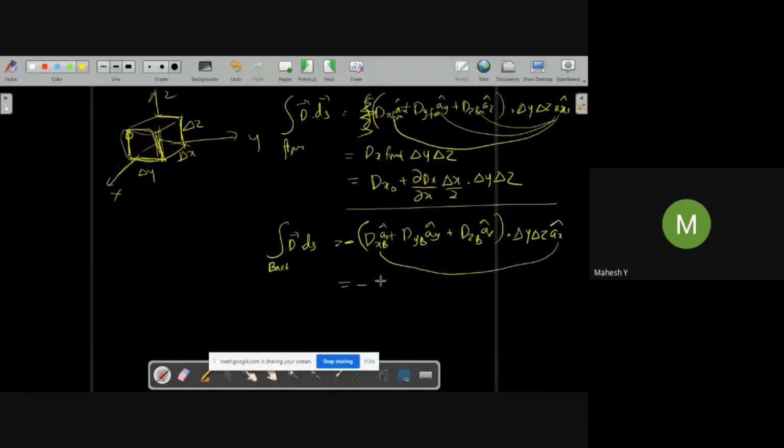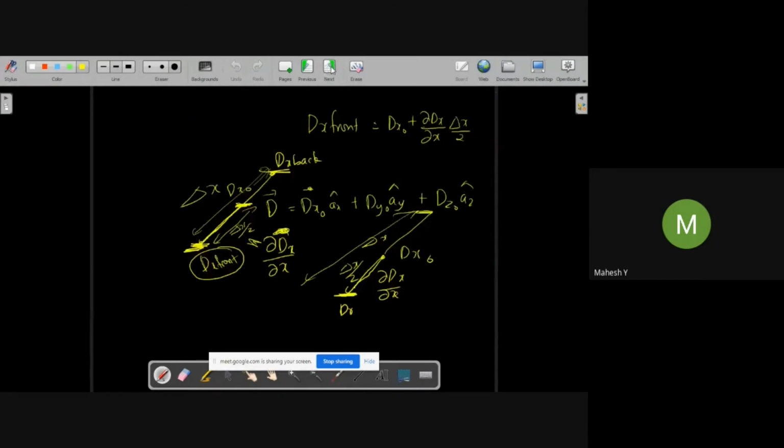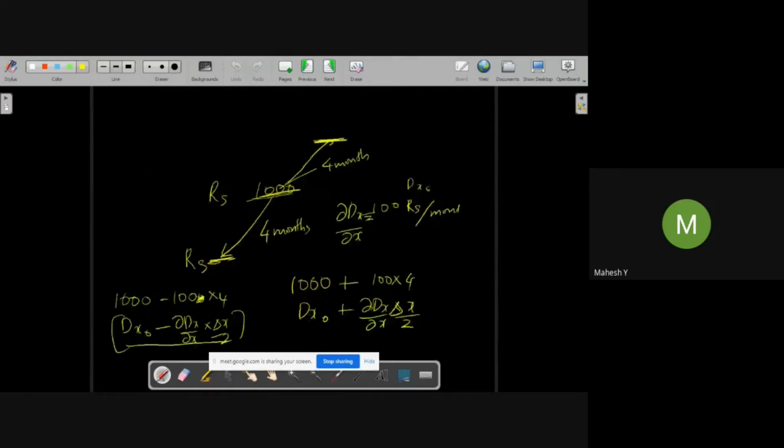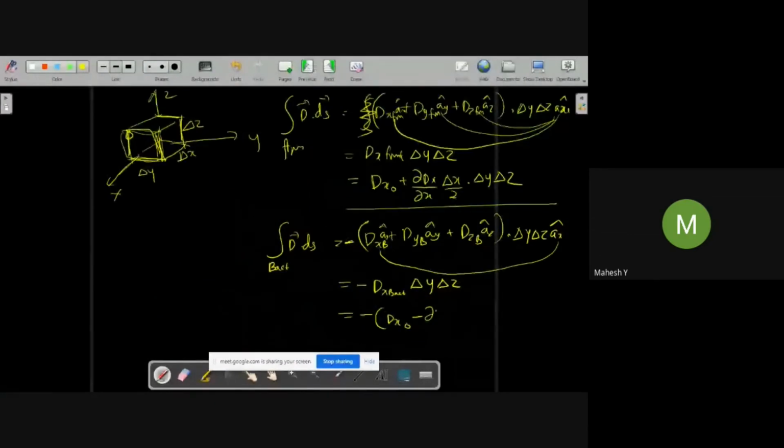So minus dx back delta y delta z. So that will be minus of dx0 minus dou dx by dou x delta x by 2 into delta y delta z, since on the back side the value of dx is dx0 minus dou dx by dou x into delta x by 2, right?